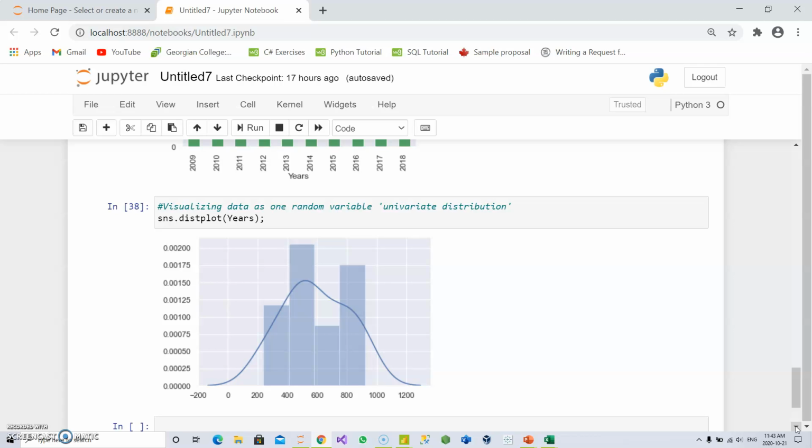It represents a bell shape. So after this, let's move to the next part of our analysis.